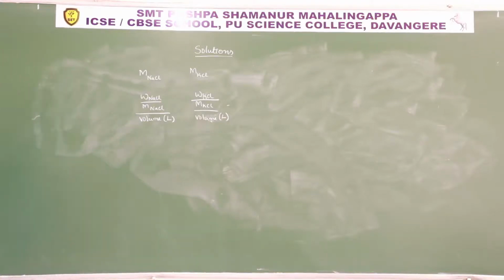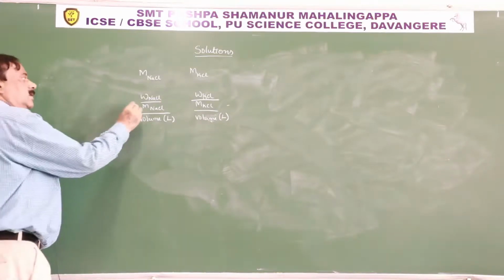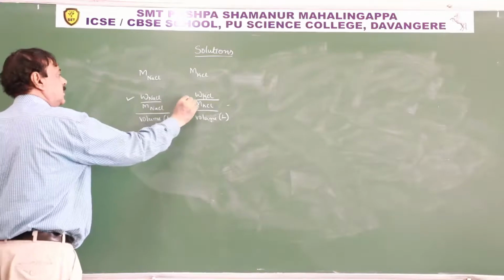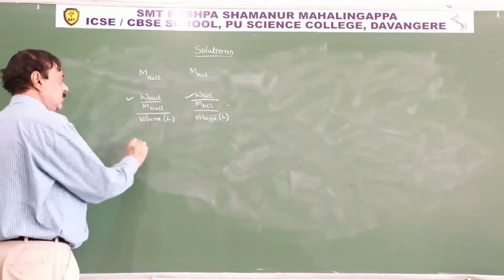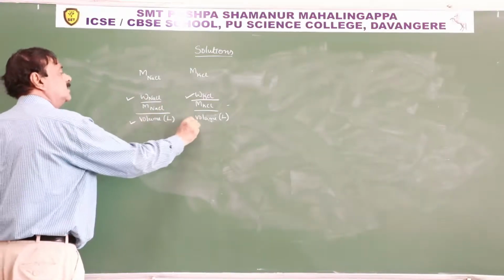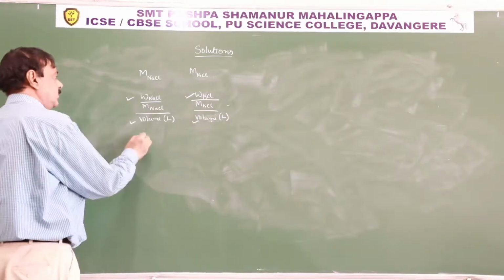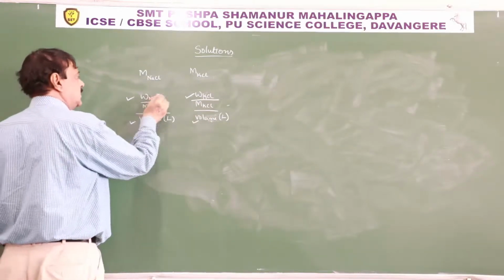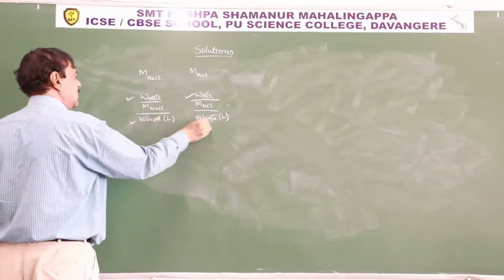In the problem they clearly mentioned the mass of sodium chloride and mass of potassium chloride are equal and the volume of both solutions is equal. Therefore, this and this will get cancelled.